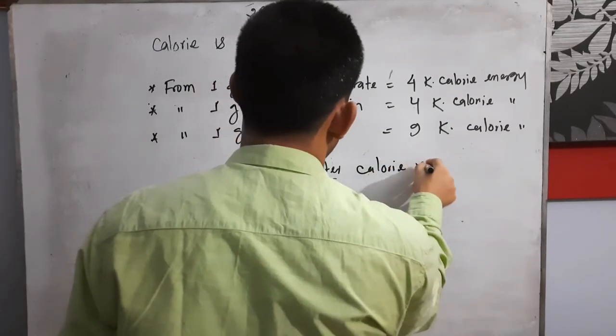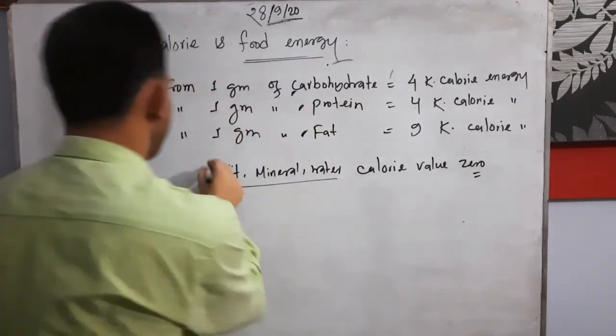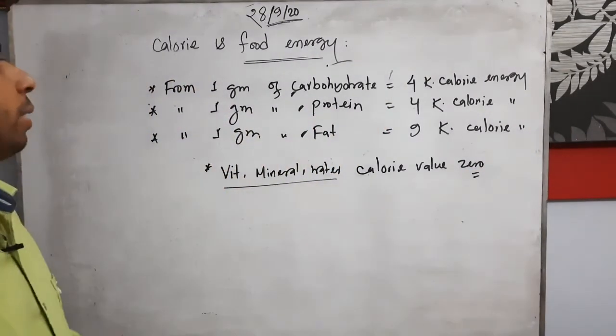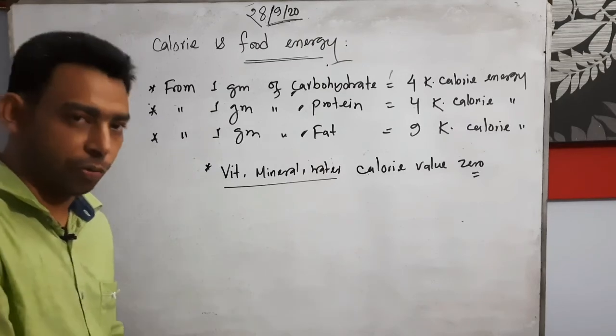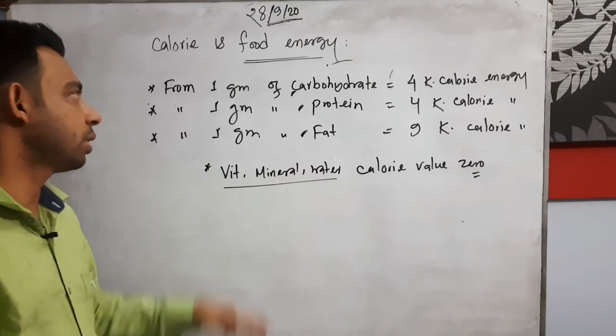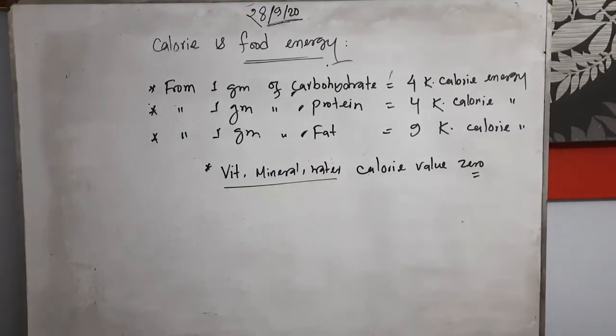Calorie value 0. Sometimes it is also important for MCQ. So calorie value is actually counted in different ways. Their calorie value is counted as 0, but for carbohydrate, protein and fat we know how many kilocalories we get from 1 gram of a specific nutrient.